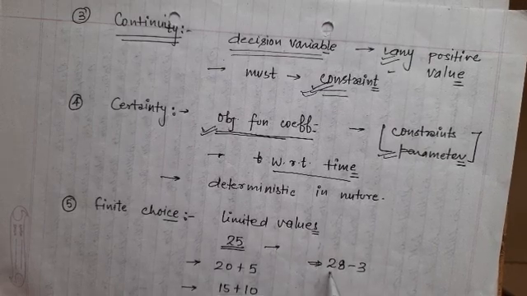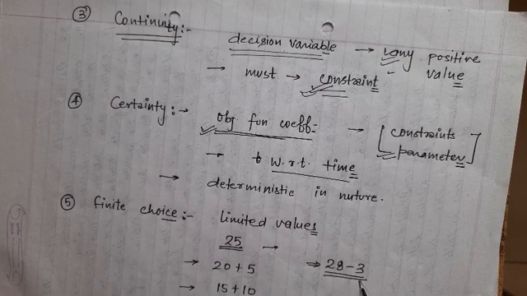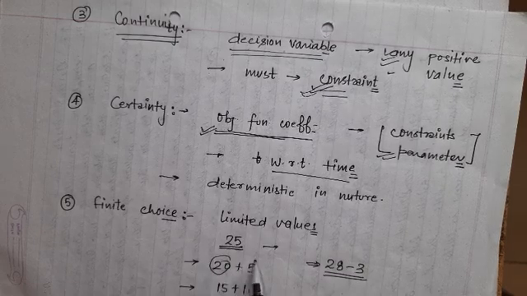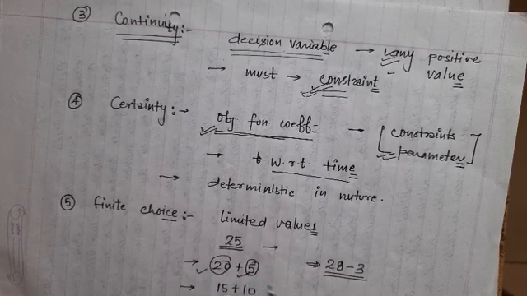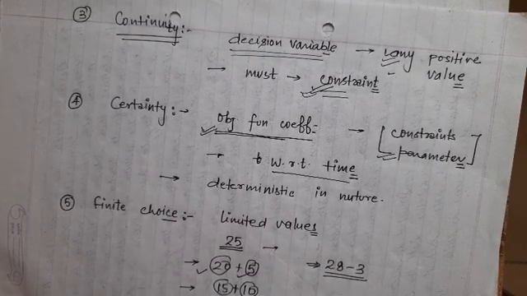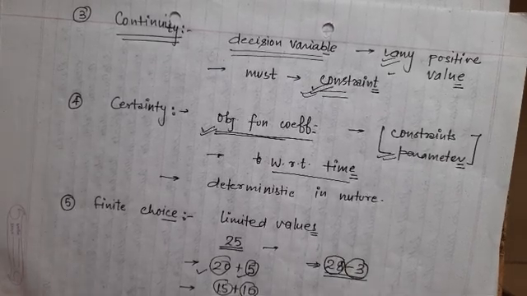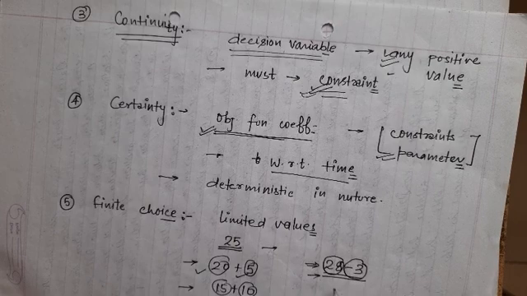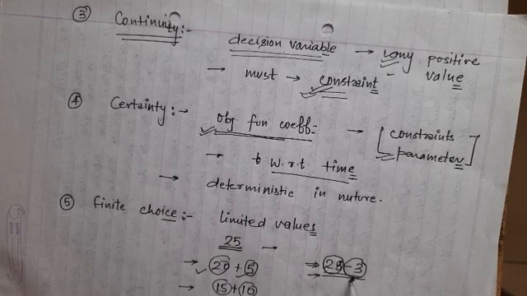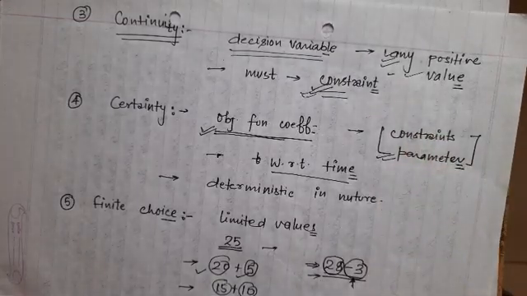Again it is 25, but this cannot be written as 28 minus 3 because here the variables, suppose two variables, are x1 and x2. So these are x1 and x2 positive values. But here x1 is positive but x2 is negative. So the result is 25, but it violates the continuity, since it can only be a positive value.